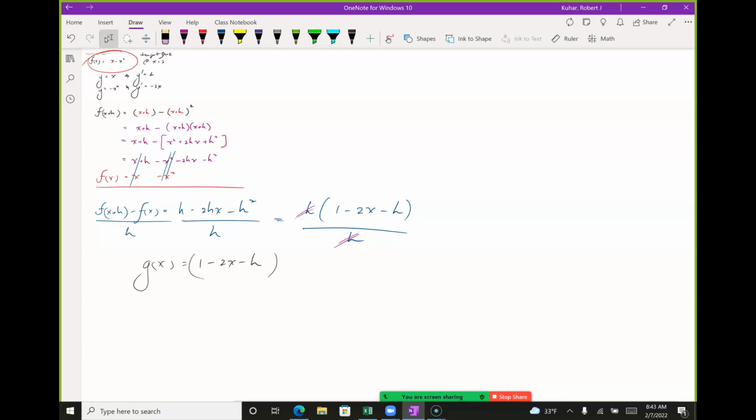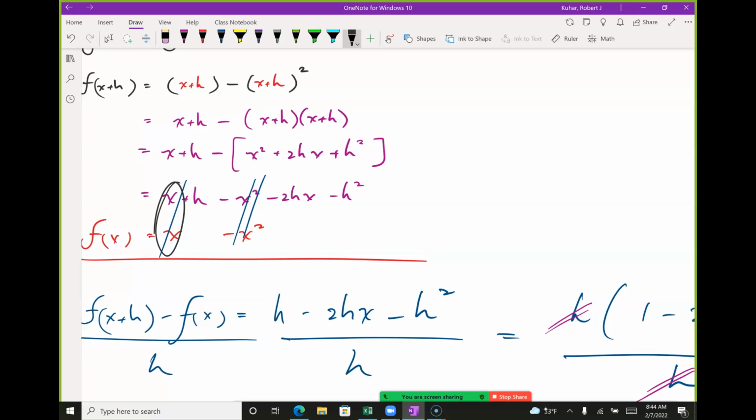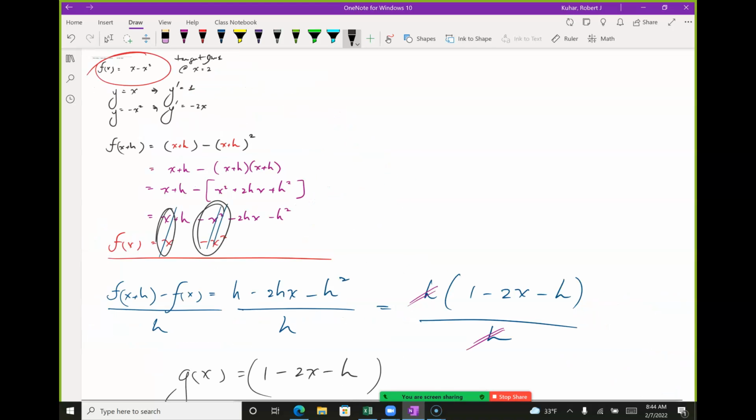How are we doing here? Nice. How did x cancel x squared? So here, x cancels with x, and x squared cancels with x squared. Oh, my bad. Oh, the original function. Okay. Yes.